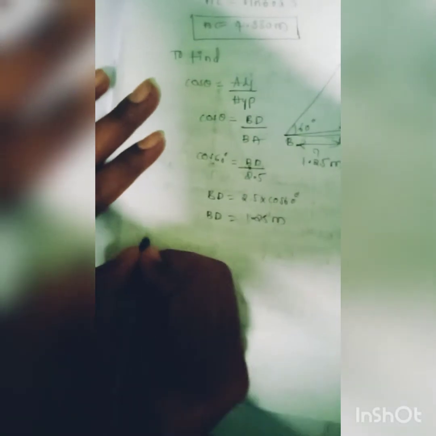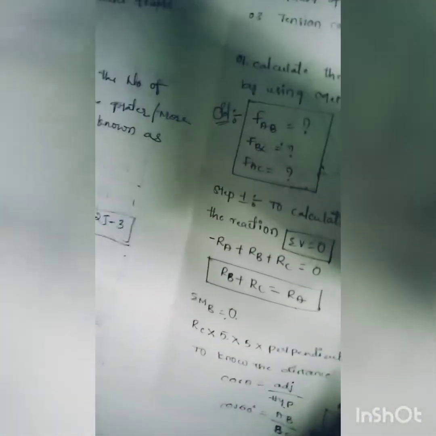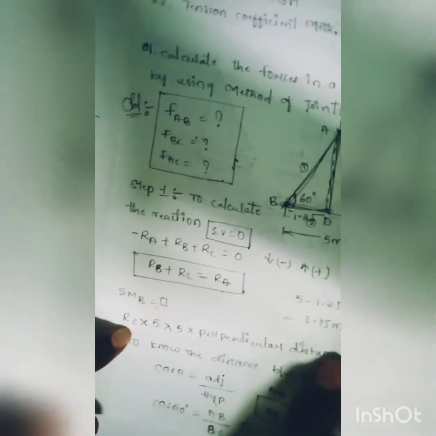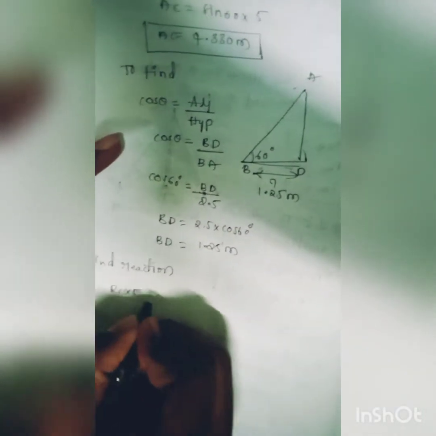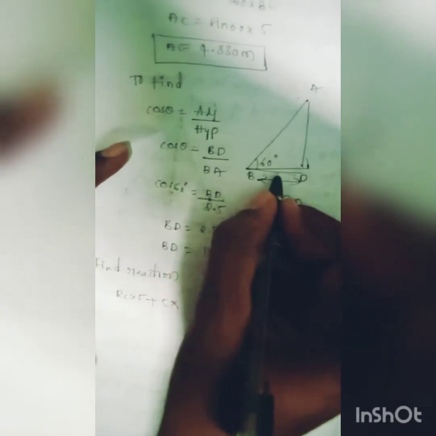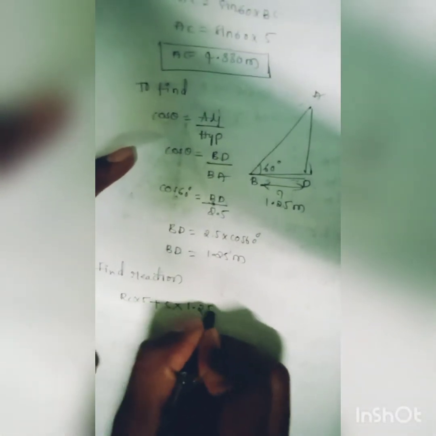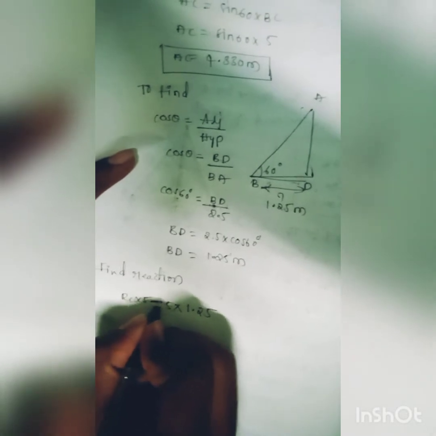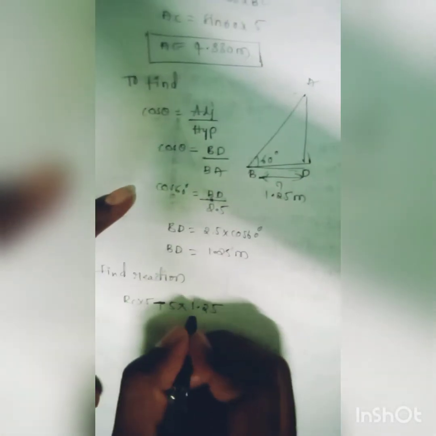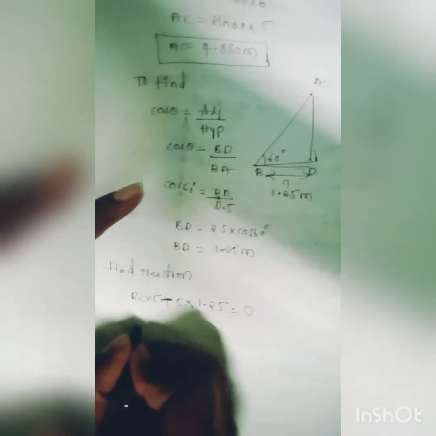Let's find the reactions. Taking moments, RC into 5 plus 5 into the distance between B and E, which is 1.5, RC into 5 minus 5 into 1.25 equals 0.